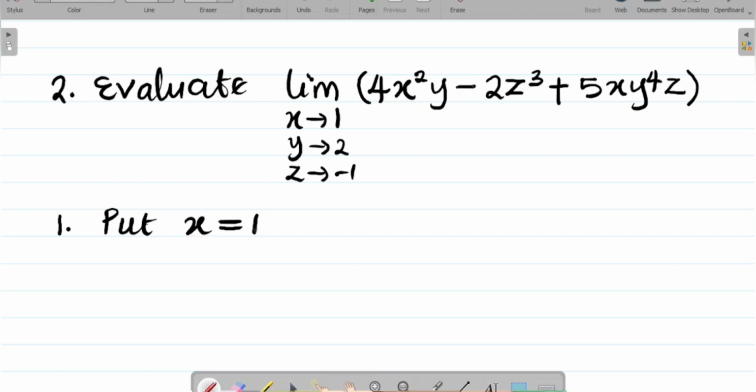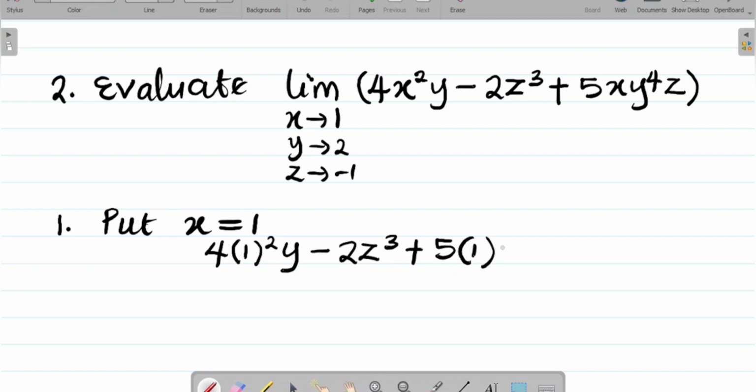as equal to 1. If I put x as 1, then this function becomes 4 into x squared becomes 1 all squared, y, minus 2z cubed plus 5 into x becomes 1, then y to the power 4z.